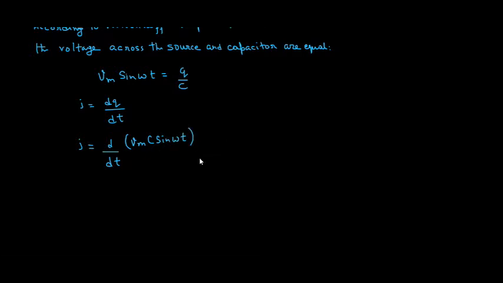Here we have to understand what we have done. From the earlier equation we can write Q = Vm C sin ωt. We put Q's value here in dq/dt.